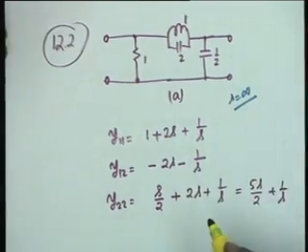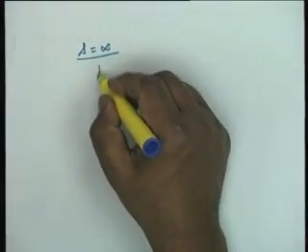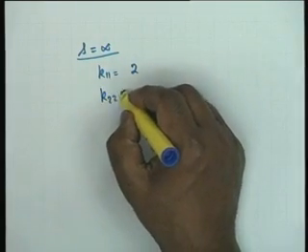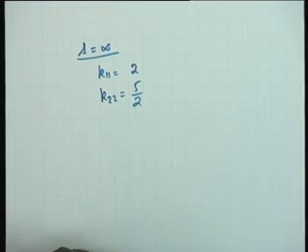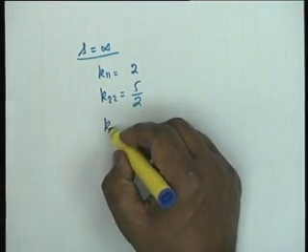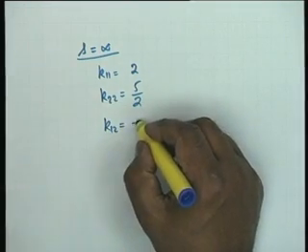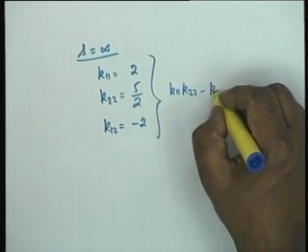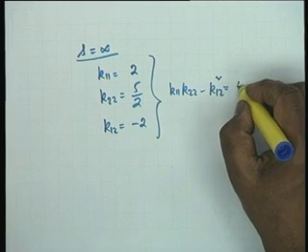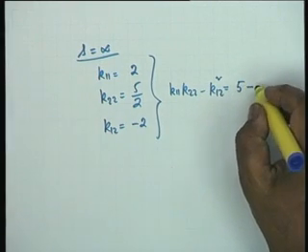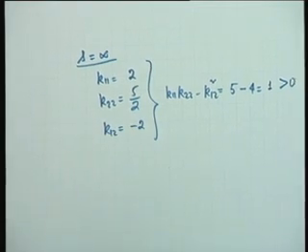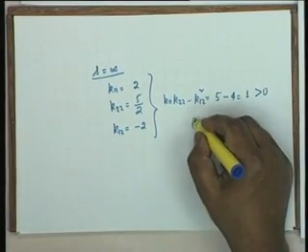For the pole at infinity, s equal to infinity, k11 is 2, k22 is 5 by 2, agreed, and k12 is minus 2, and therefore k11 k22 minus k12 squared is equal to 5 minus 4, which is equal to 1, that is greater than 0. So, the residue condition is indeed valid.